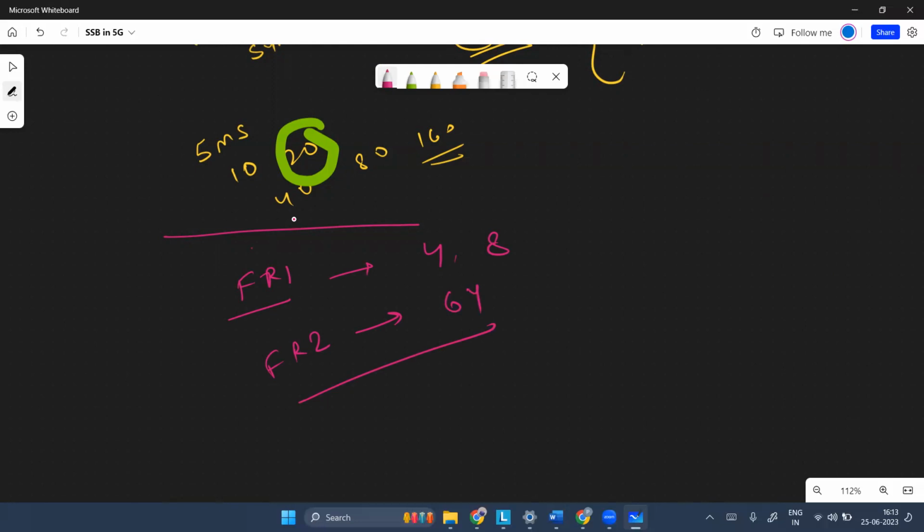SSBs are nothing but your beams, right? So let's say there is a base station. What it would be doing is beam sweeping, or beam forming.